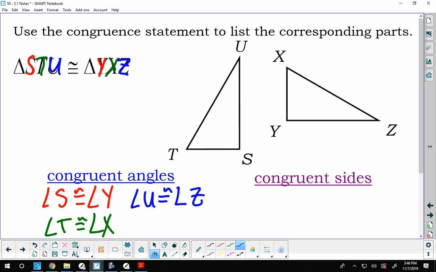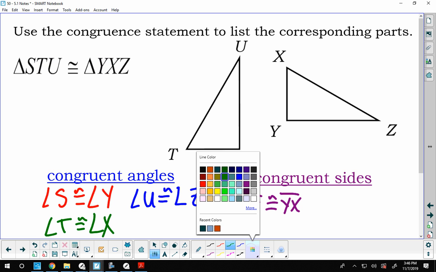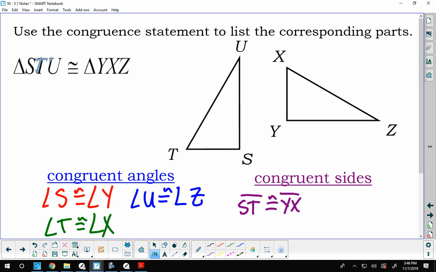And we can also use it for sides as well. So let's look at our first two letters. Side ST is congruent to side YZ. So segment ST is congruent to segment YZ. Let's look at our second two letters. Side TU is congruent to side XZ.